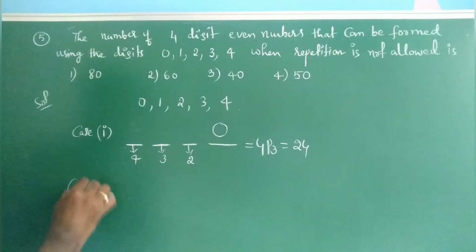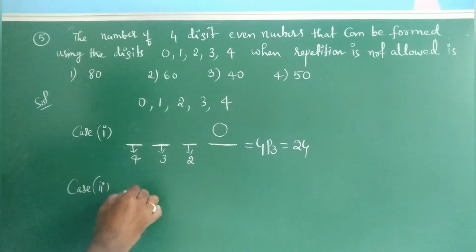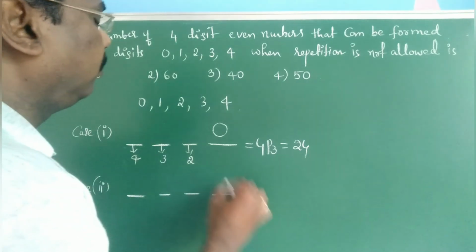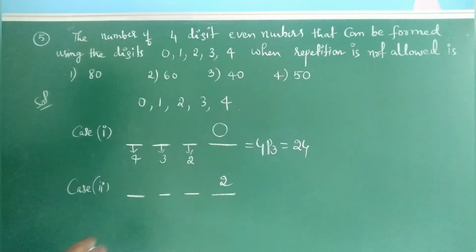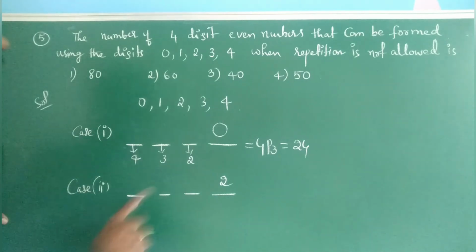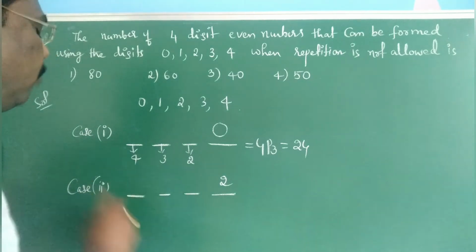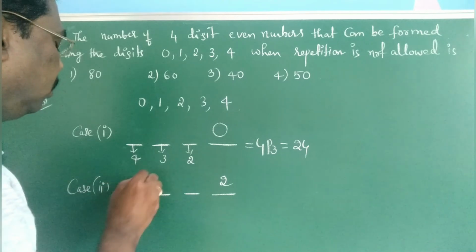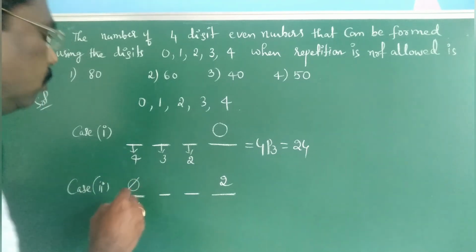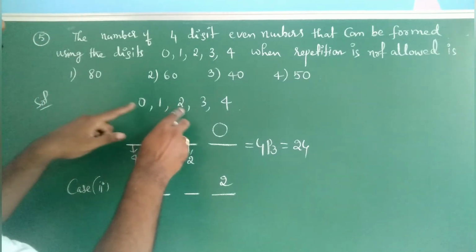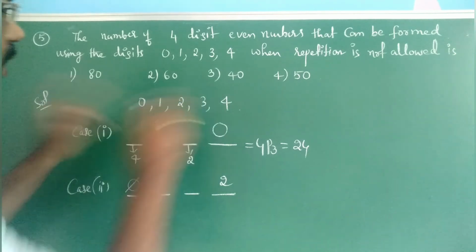Next, case 2. Now the unit place can be filled with 2. Now 2 means the remaining 3 places are there. Now the first place except 0. Now 0, 2 used means the remaining 3 places are there.